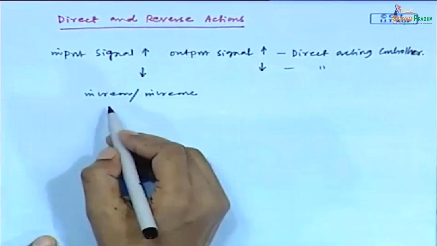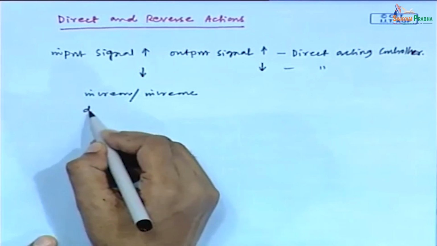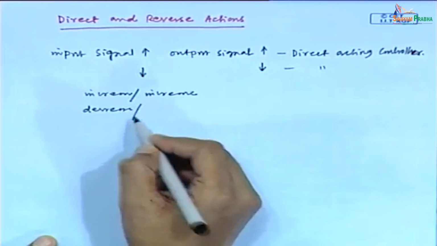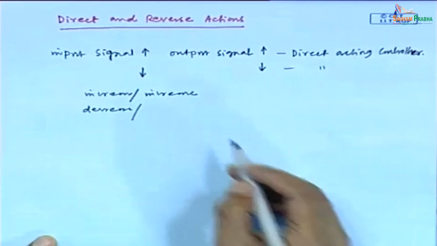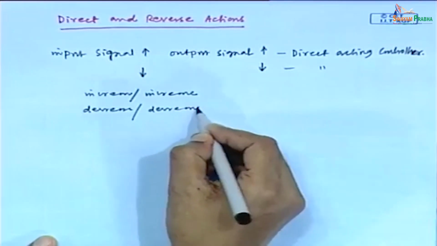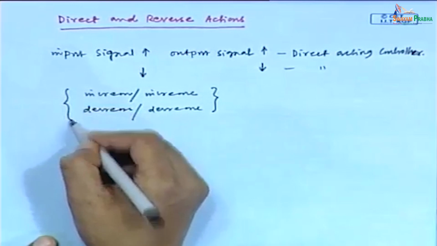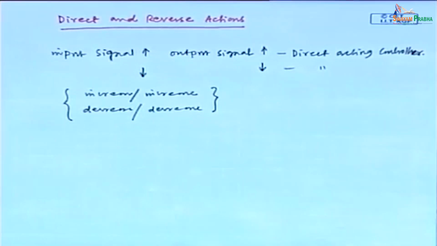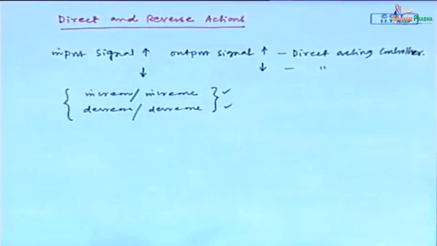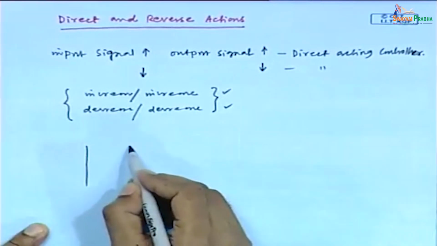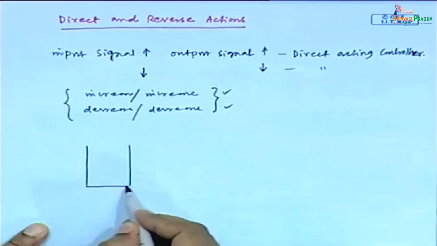In reverse, if the input signal to the controller decreases, the output signal from the controller should decrease. Therefore, to indicate the direct acting controller, these two terms are used: one is increase, another one is decrease. Fine. We will take one example to discuss this direct action.